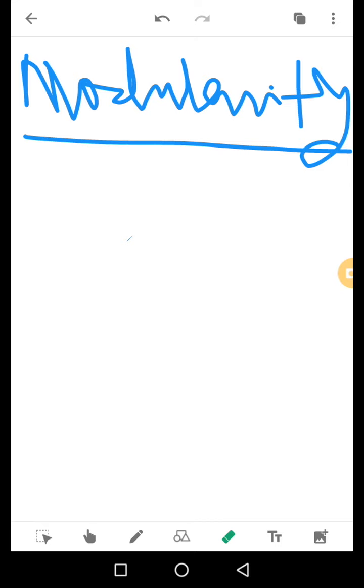So we have considered the MIL, module interconnection languages. I gave you examples of programming languages that formally support module concepts.